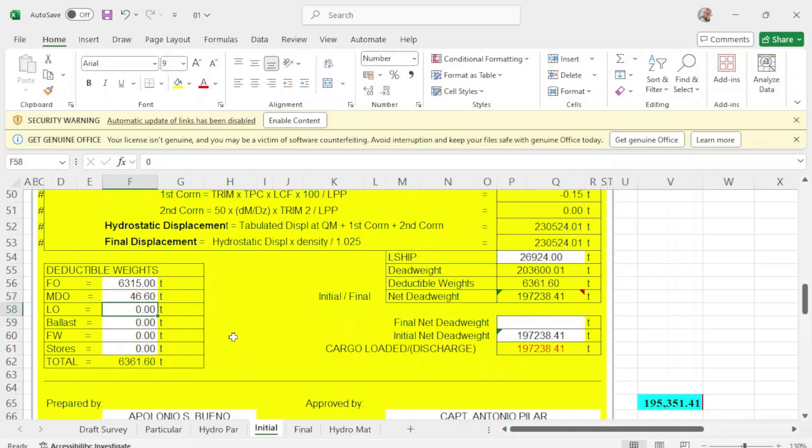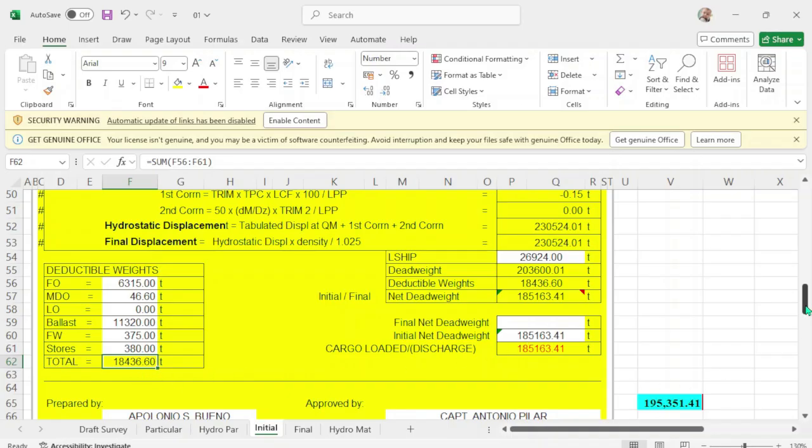Your LO is 0 and your ballast is 1132. And your freshwater is 375. And your constant is 380. And your cargo is 18. So there is difference here.